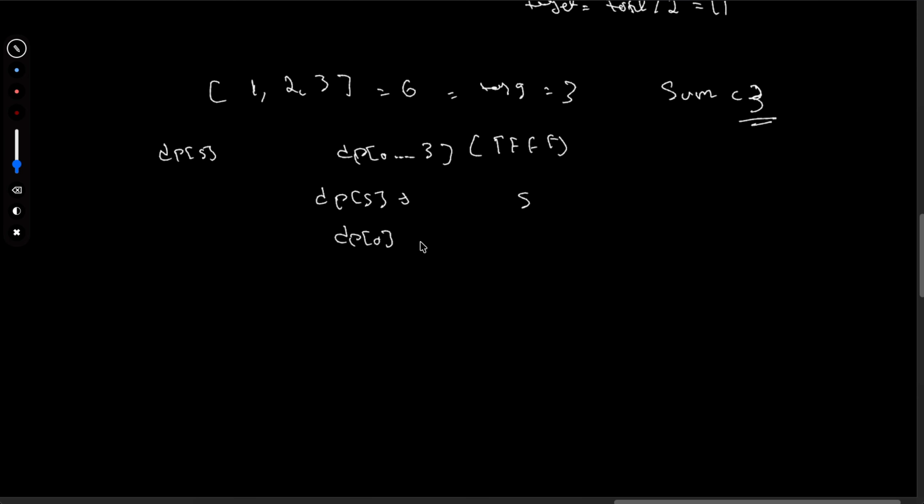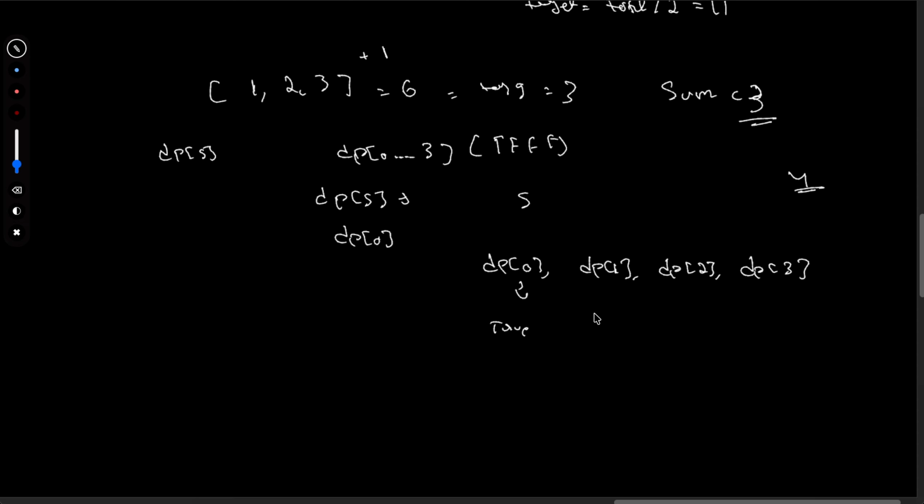So if we have the example 1, 2, 3 only, the DP array size is stones size plus 1 target, so the size becomes 4. So we create DP of 0, DP of 1, DP of 2, DP of 3. Initially only sum 0 is possible, so DP of 0 is true.